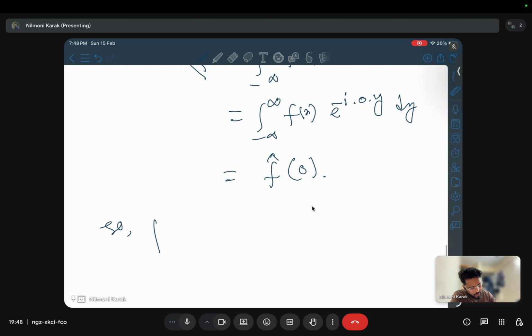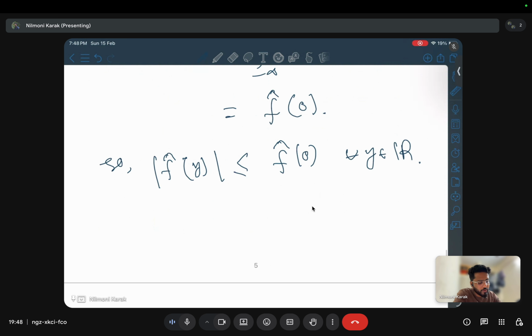So f hat at y is less than or equal to f hat at 0 for all y belongs to R. But for non-zero y, we have to prove the inequality is strict.